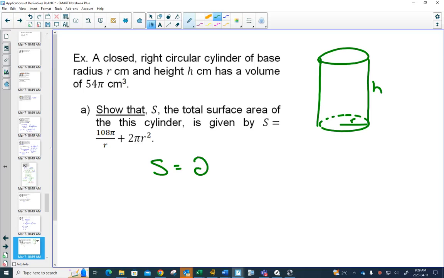You probably would understand easily by looking at it that the surface area formula would have two circles. So it has 2 pi r squared, a circle on the top and a circle on the bottom. But it's also going to have the rounded part that goes around it. And this is why I really like this formula, it's so nice to visualize.